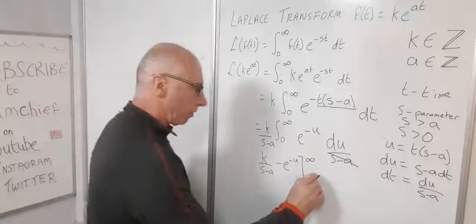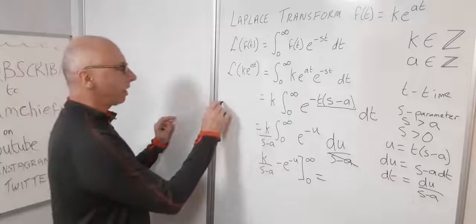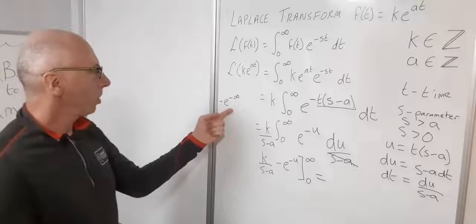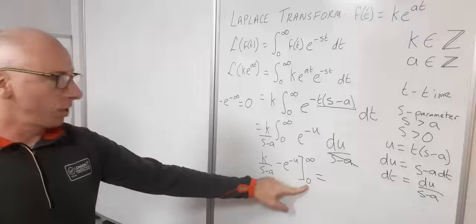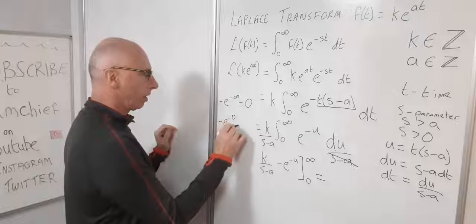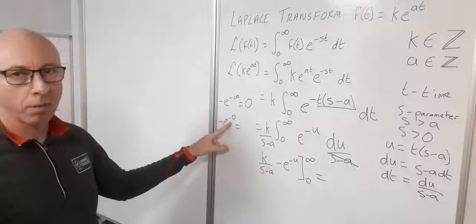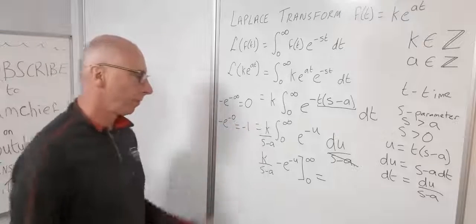Okay, so we can put our result in here. What if u is infinity? I've got negative e to the negative infinity, which is just going to be 0. And what about for 0? Negative e to the negative 0, well, e to the negative 0 is just e to the 0, which is 1, and with my negative, that's negative 1.